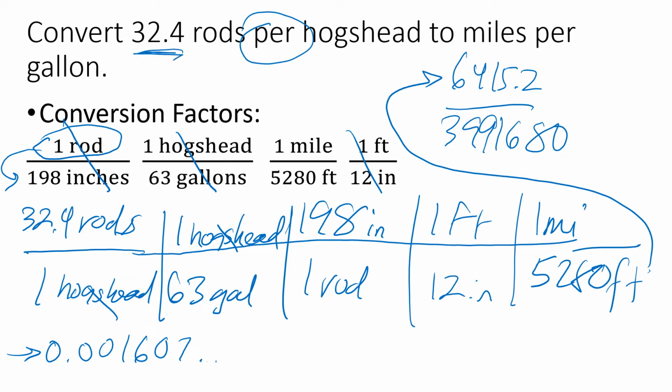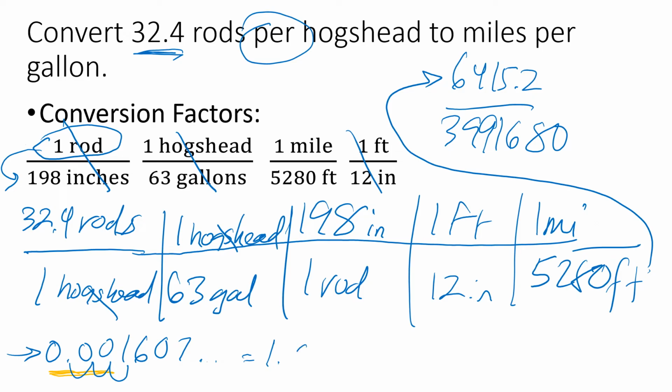So you can do this in 2 different ways. You can either round this correctly, or you can convert it to scientific notation. So remember that these zeros in the front do not count for counting sig figs. So if I want to do it with scientific notation, it would be, move it over 1, 2, 3.